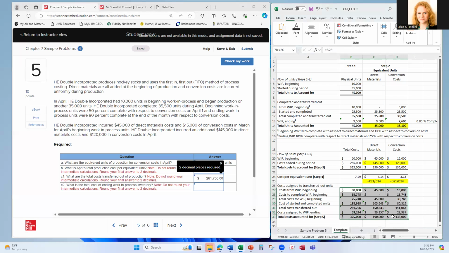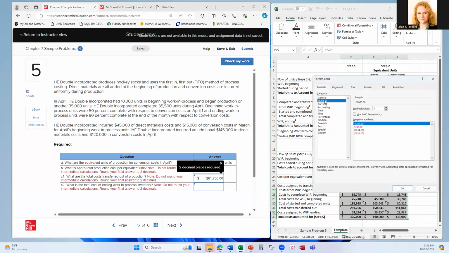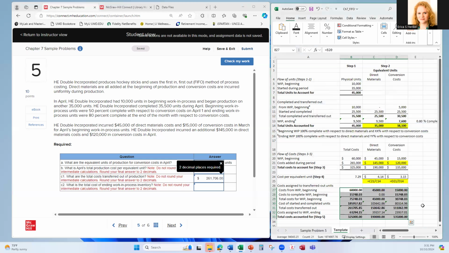They don't want us to round on here, so let me go back out and make sure we've got our decimal points in here. This should be 261,705.85, not rounded, and then 63,294.15.